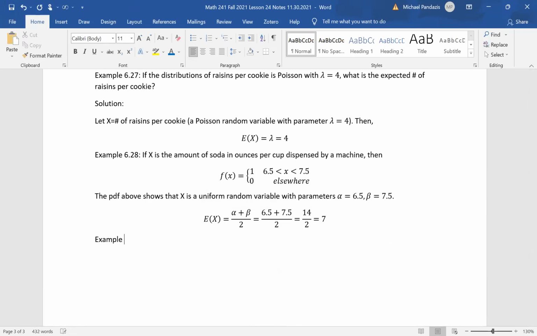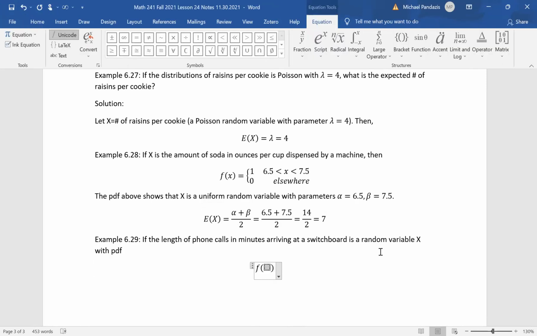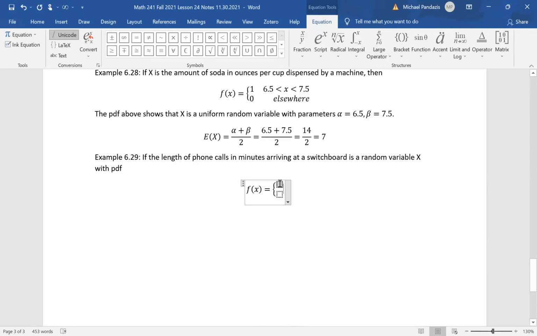Okay, the next example is 6.29. If the length of phone calls in minutes arriving at a switchboard is a random variable, capital X, with the following PDF, which is 1/5 e raised to the negative x over 5.